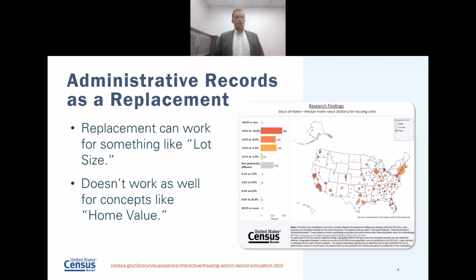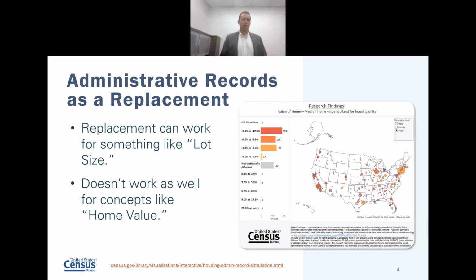What we saw when we did this experiment was that blended products on ACS seem to work for something like the lot size, or how much acreage you have for your home. There wasn't much difference for something like that between the administrative records and our respondents.